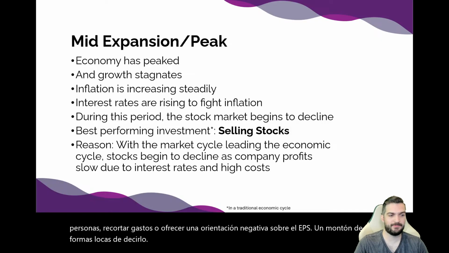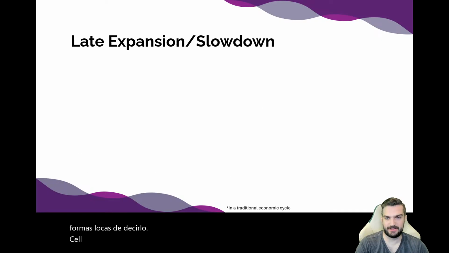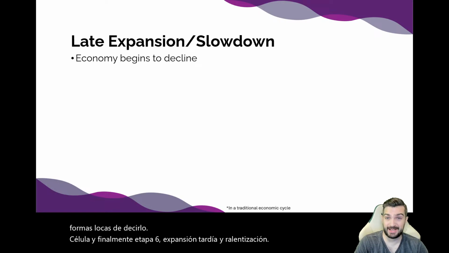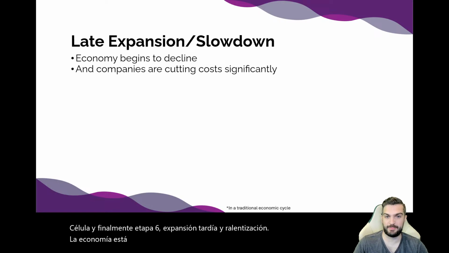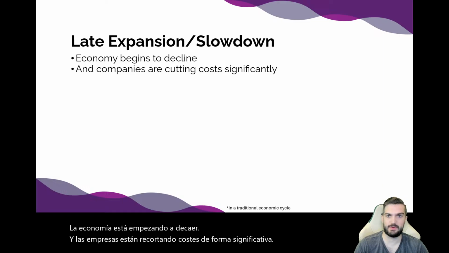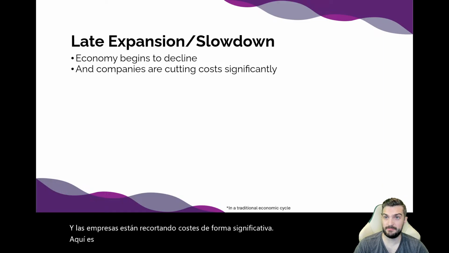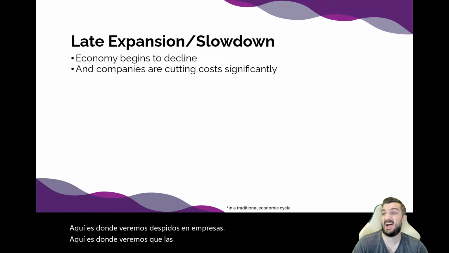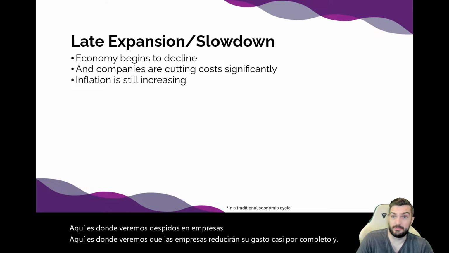And then finally, stage 6, late expansion and slowdown. The economy is beginning to decline, and companies are cutting costs significantly. This is where we will see company layoffs happening. This is where we will see companies cutting back on their spending almost entirely. And inflation is still going up.